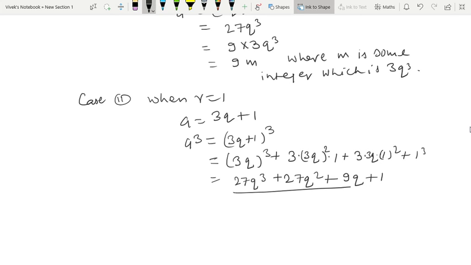Again I am going to take 9 as a common factor from these three terms, so here will be 9 into 3q cube plus 3q square plus q, plus 1, right? So here will be 9m plus 1, right?